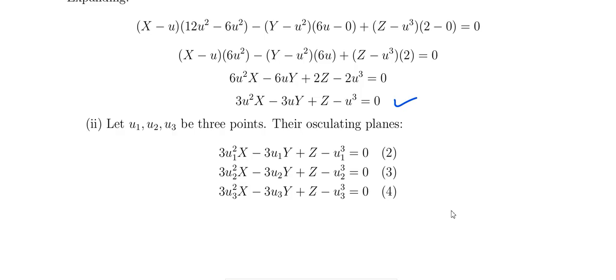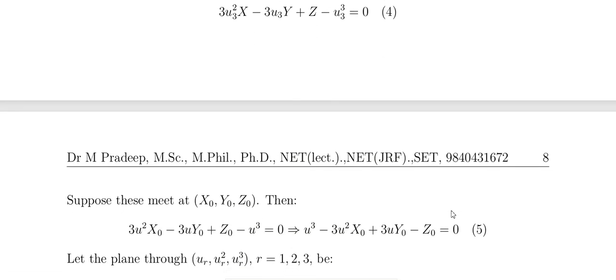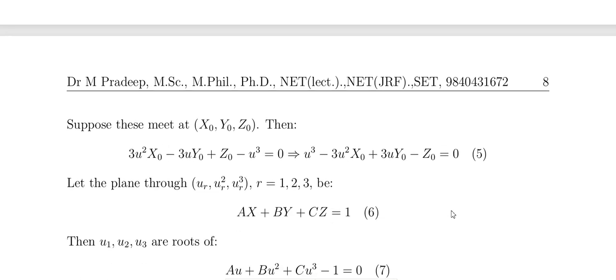Let u1, u2, u3 be 3 points. Those are the oscillating planes: replace u with u1, u2, and u3 in this result. So that is equations 2, 3, 4. Suppose these planes meet at the point x naught, y naught, z naught.